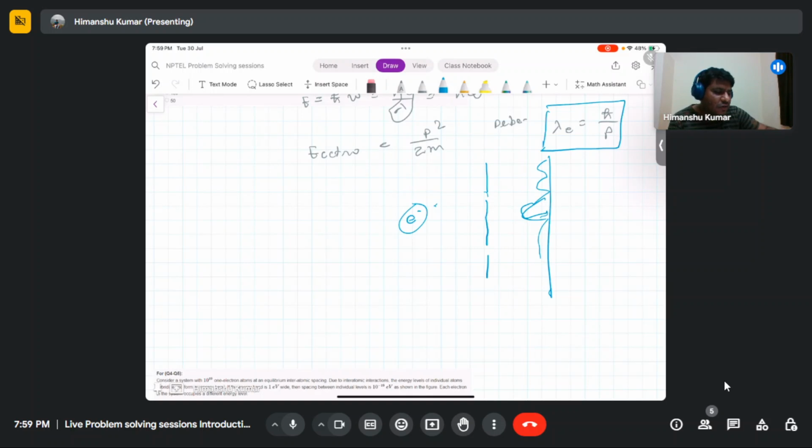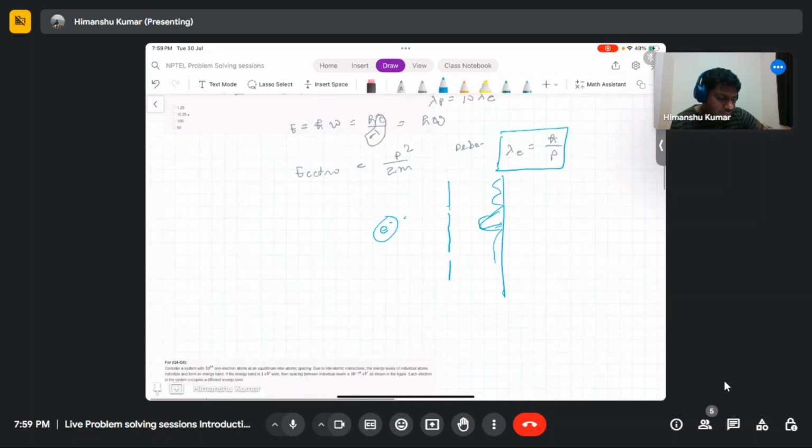The wavelength of an electron, if you consider, comes in the nanometer range. But if you take larger objects, calculate the momentum, and divide the Planck constant by it, you will see that they have a very different wavelength.